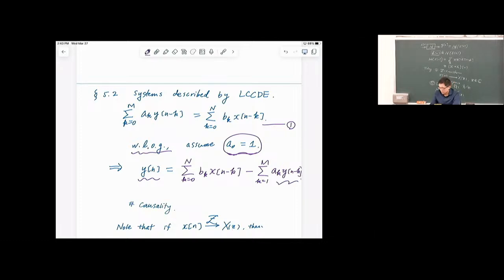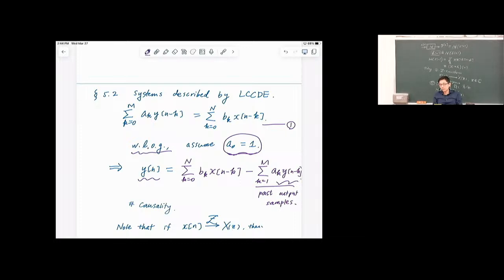Note that this part corresponds to a linear combination of past output samples. And this is important. I want to invite you to take a closer look at this after we move everything else to the right-hand side.